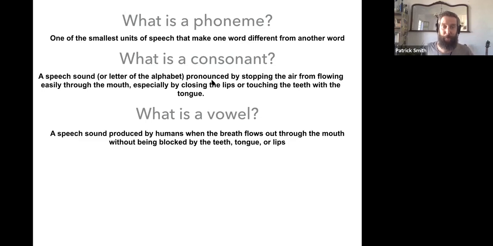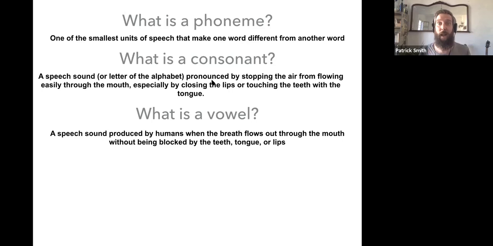So what makes a vowel a vowel? Well, it's the opposite of a consonant. Where a consonant stops or restricts the flow of air, a vowel doesn't. So you don't block the sound. When you make any vowel sound, you're always making an open mouth, yeah?